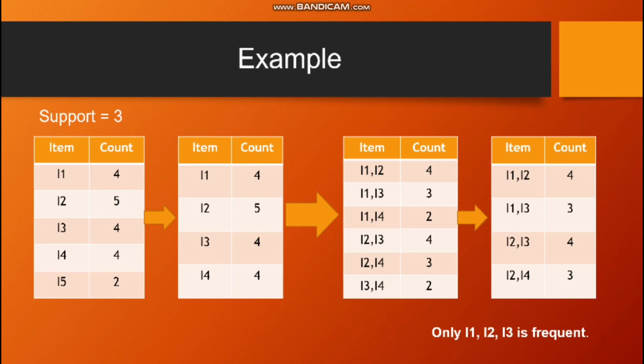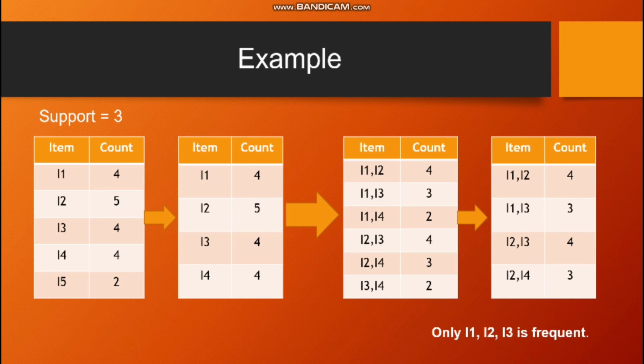Previously we did it for single items, now we will do it for pairs of items, like I1 and I2. How many times do they both occur? They both occur 4 times. After that I1 I3 occurs 3 times, I1 I4 occurs 2 times. Like that we need to calculate, and then check whether the support is less than 3 or not. If it is less than 3, it will be deleted.